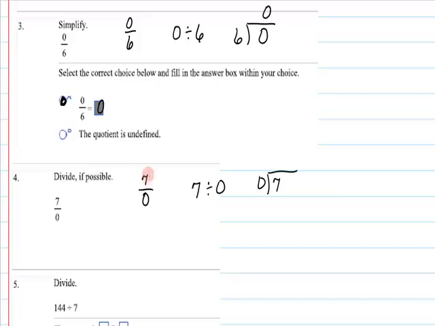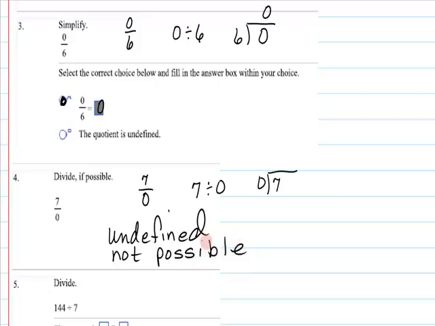If you had 7 donuts and somebody said, distribute those evenly among 0 children, that wouldn't even make any sense. There would be no division to take place. This is undefined. This is not possible. There is no answer to that problem.